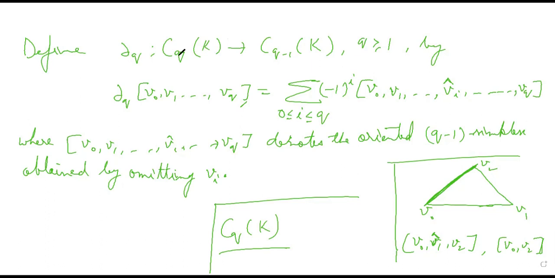So if we define this map, because we want it to be a homomorphism, we can define it over the generators, that is the oriented q-simplices of C_q(K), and it should respect the relation, right?